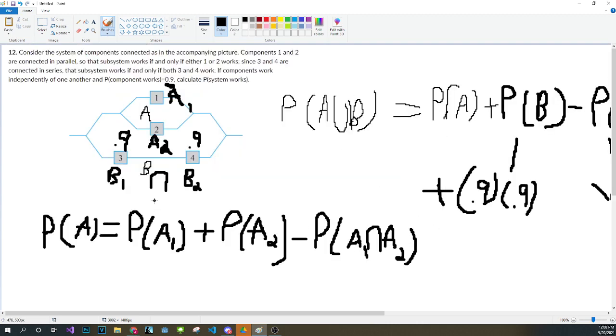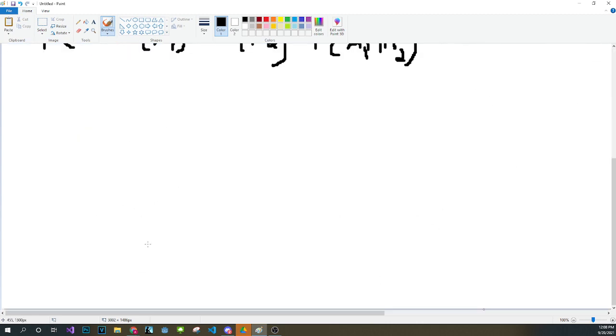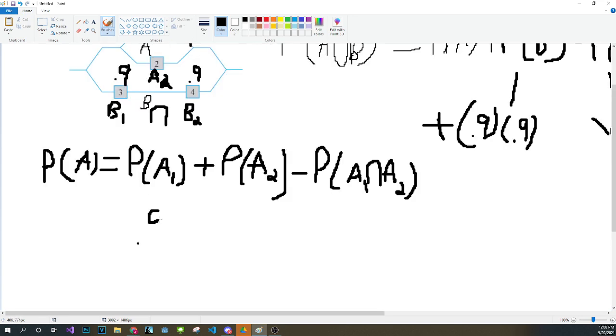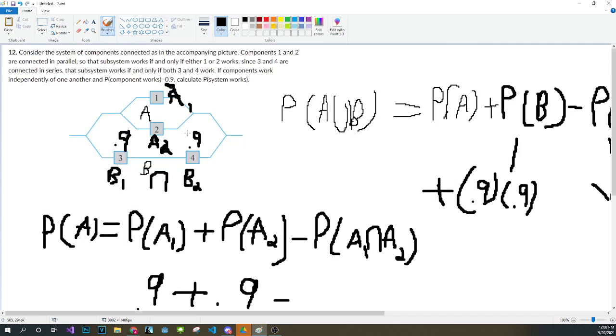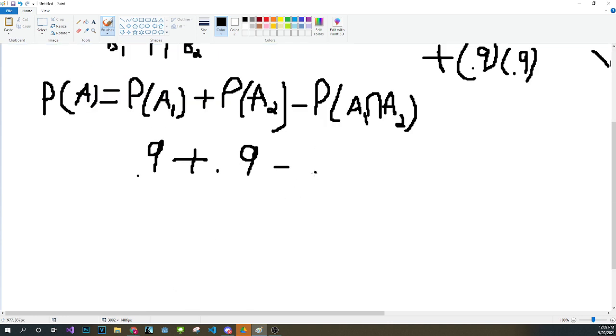So let's plug and chug. We know that each one of these is 0.9. So 0.9 plus 0.9, and we also have to subtract the cap, which is just 0.9 times 0.9, A1 times A2. So in that case, we get 0.9 squared.